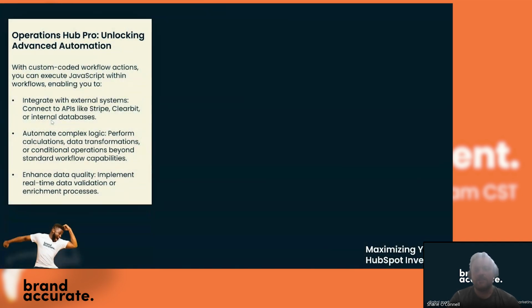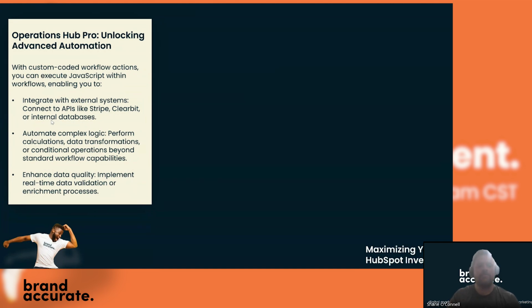Okay, before I close off today, I just want to call out a few items. Operations Hub Pro is a great way to jailbreak HubSpot. It is a great way to execute JavaScript within workflows.